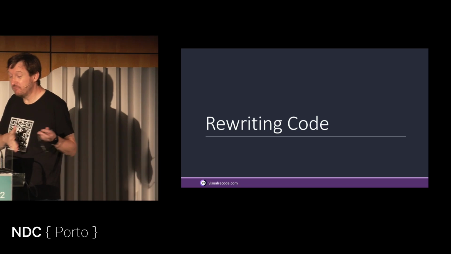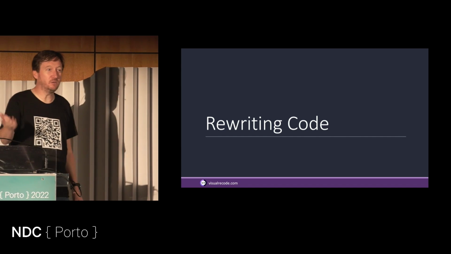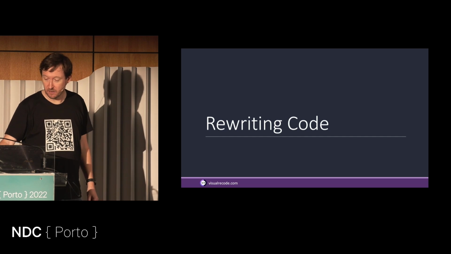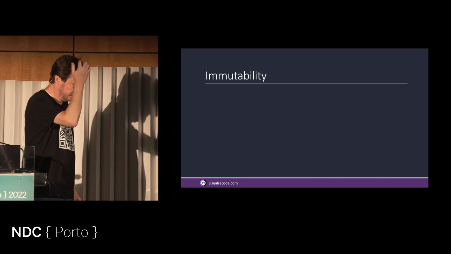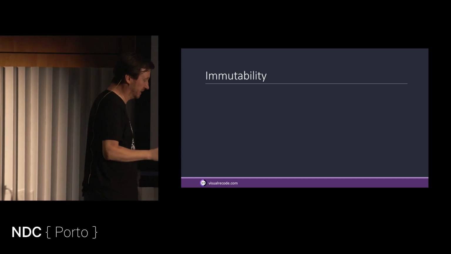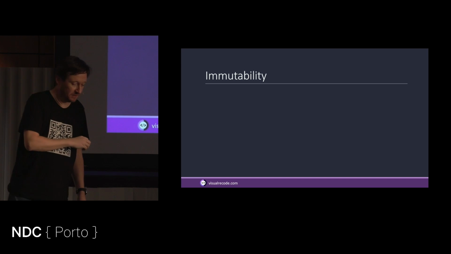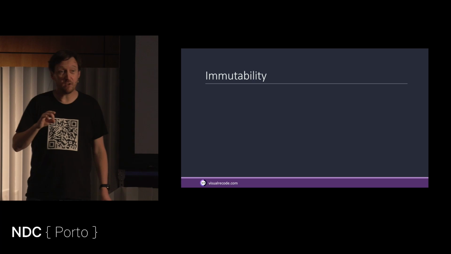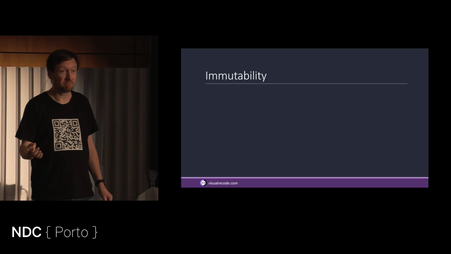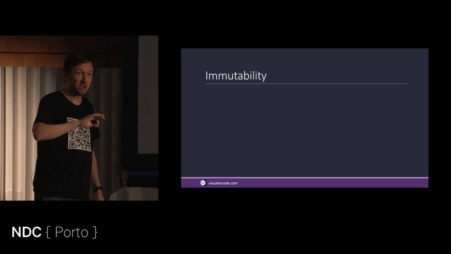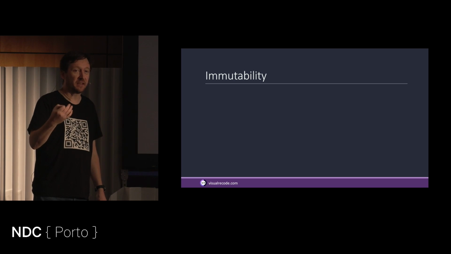So yeah, we want to rewrite code. But yes, you can use this to automate incredibly boring bits of code. But it becomes challenging, because one of the things with Roslyn is everything in there is immutable. The thing that you can change is the syntax tree. But you can't change a syntax node.